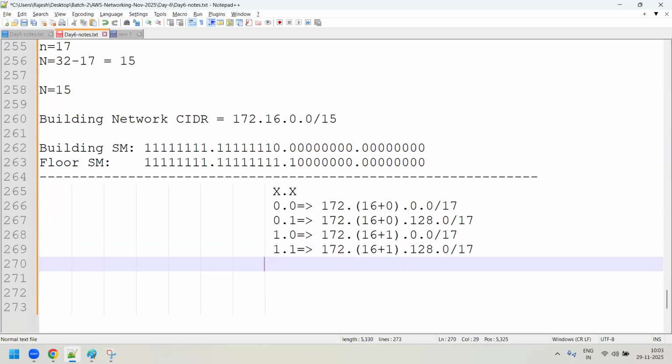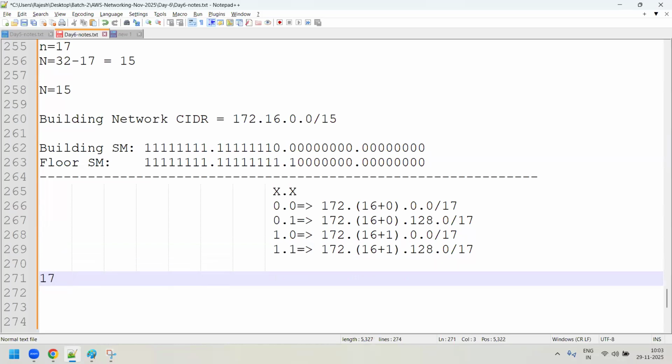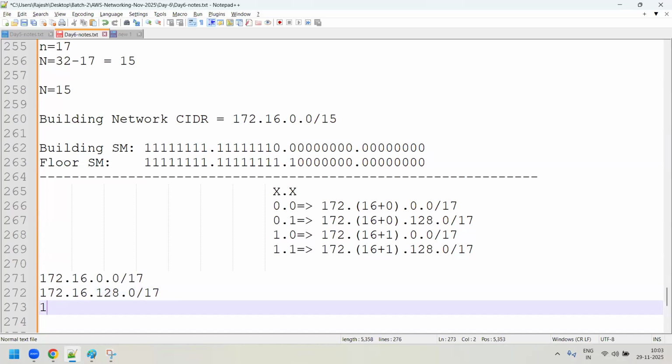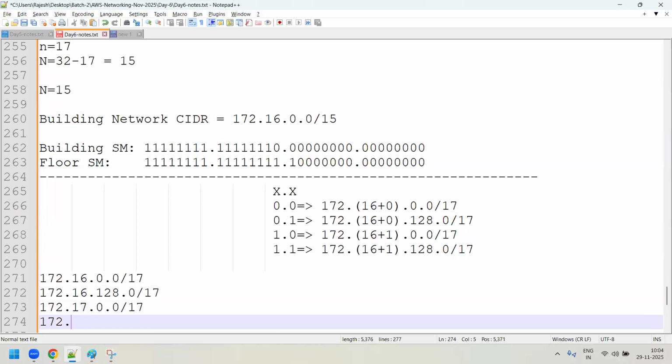So now what you got, guys, is IP addresses like this: 172.16.0.0 slash 17, 172.16.128.0 slash 17, 172.17.0.0 slash 17, and 172.17.128.0 slash 17.